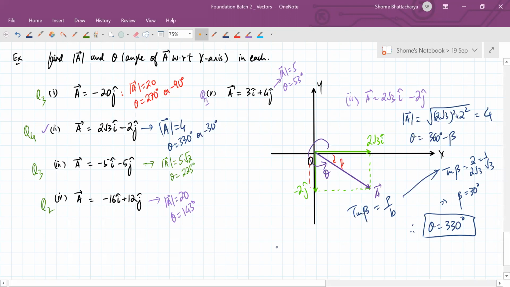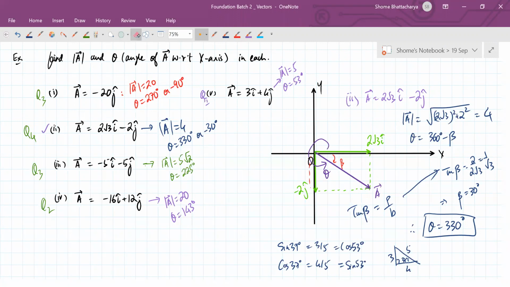So just keep in mind that sine 37 is 3 by 5, which is the same thing as cos 53, and cos 37 is 4 by 5, which is the same thing as sine 53. Okay. This comes from the 3, 4, 5 right angle triangle where this is 37 degrees. I've told you before also, this is an important right angle triangle to remember.